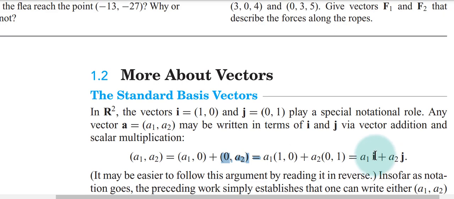a1 times i, if i is a vector, and it is a two-dimensional vector, then a1 times i is still a vector. It's a scalar times a vector. Remember, it's just i scaled or stretched out by this factor a1.